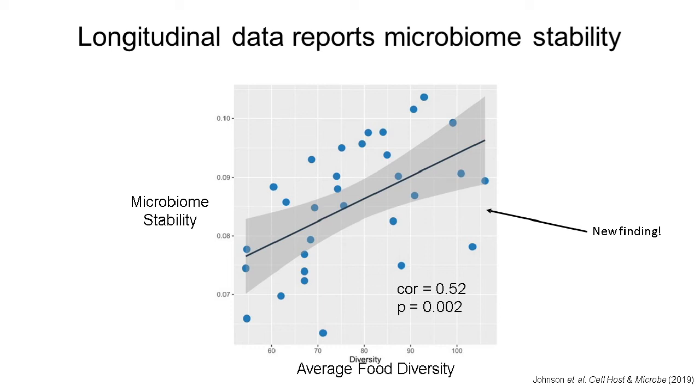And one of the things we uncovered was that there was a very strong association between a person's microbiome stability and the average diversity of the foods they ate recently. So this means basically people who tended to choose a wide variety of foods on the food tree tended to have more stable microbiomes.